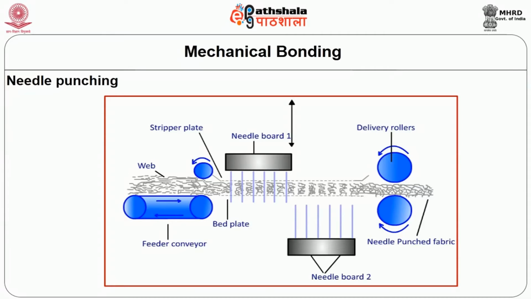And as the needle board penetrates into the fibrous web, drawing the fibers from the top layers into the Z direction, it goes through the fibrous web and consolidates the web by carrying a few fibers and interlocking the fibers across this direction. And as they pass through, it is being delivered from the roller. So this is how the actual needle punching is being carried out.